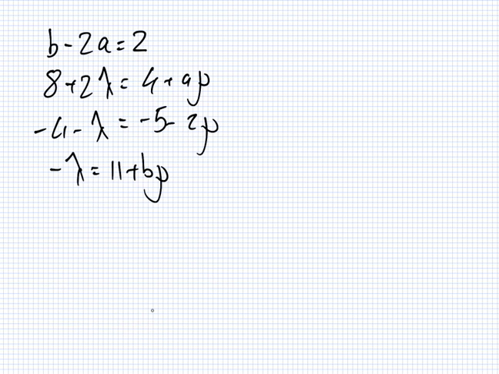The first equation has a and b in it. The second one has a, mu, lambda; the third has mu, lambda; the fourth has lambda, mu, b. The first one will let me get b in terms of a.